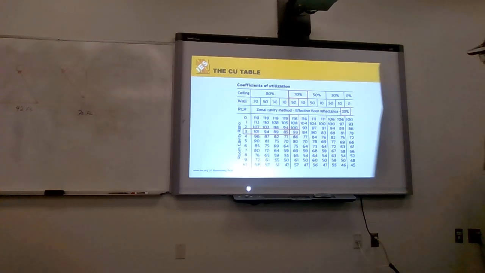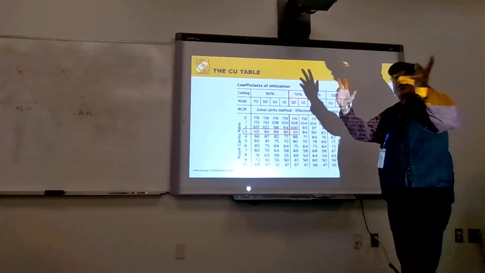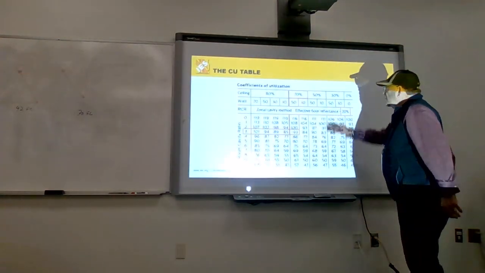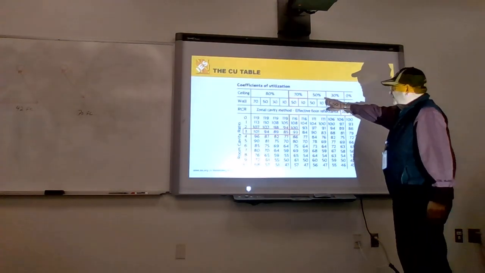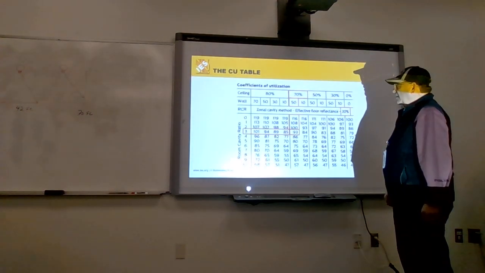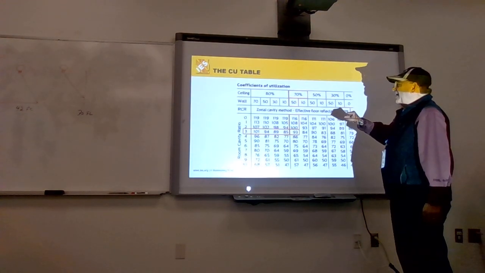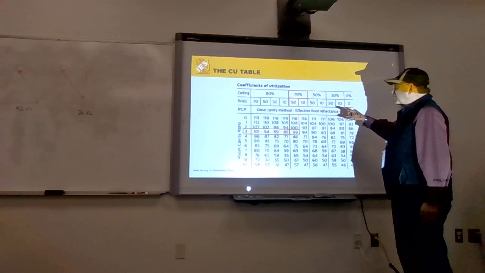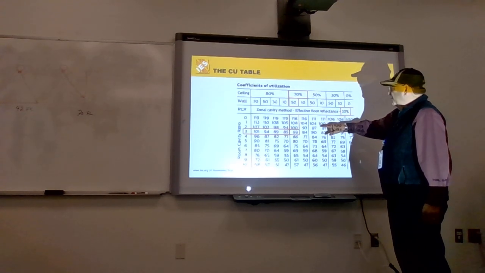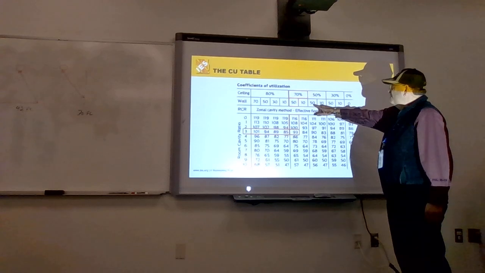Let's do another one. I'll just make one up, okay? Suppose we have a dark ceiling, 50% reflectance, and we have a wall reflectance of 50.